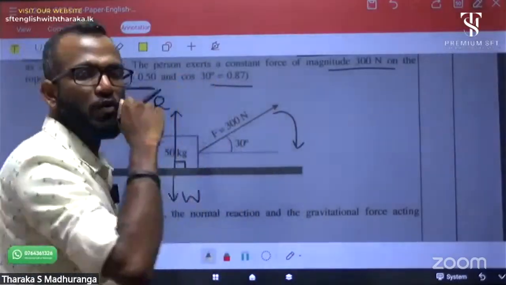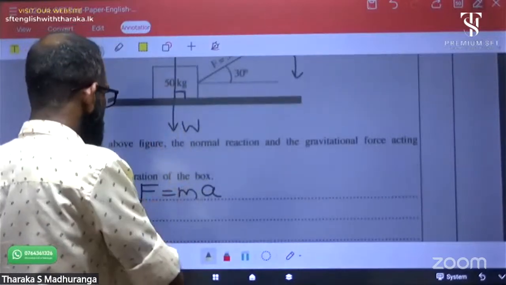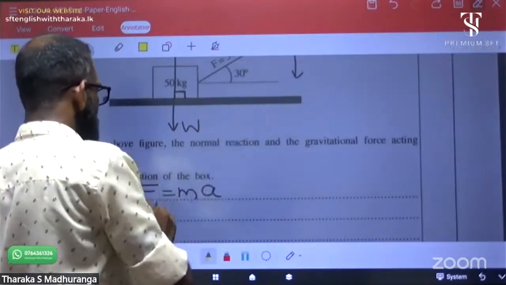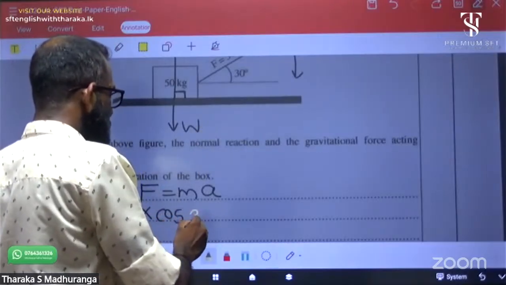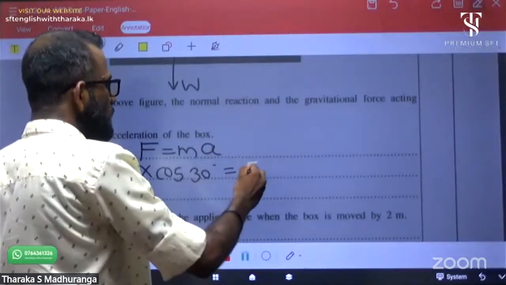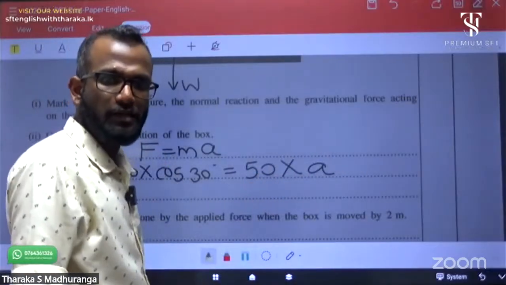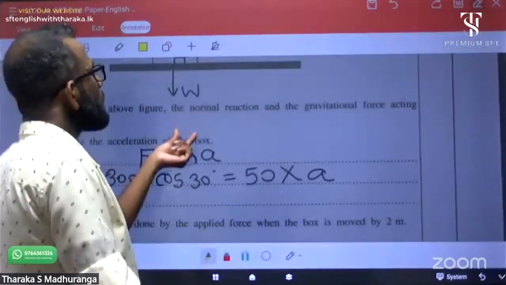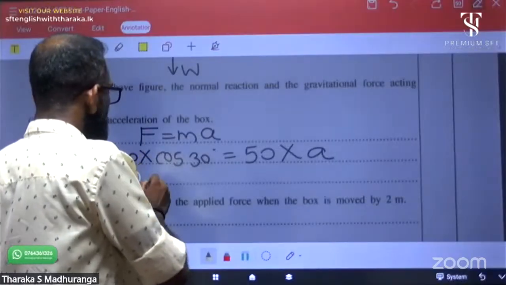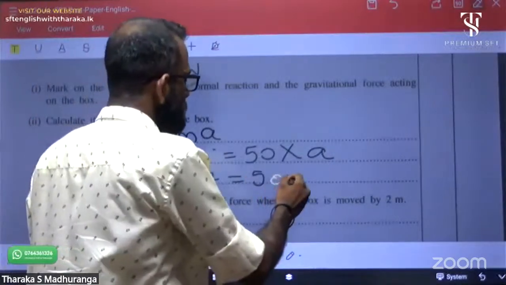The cos 30 value is already given, 0.87. So 300 times 0.87 equals 50a.